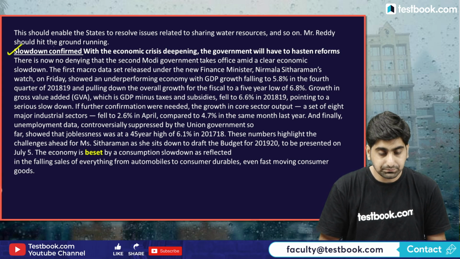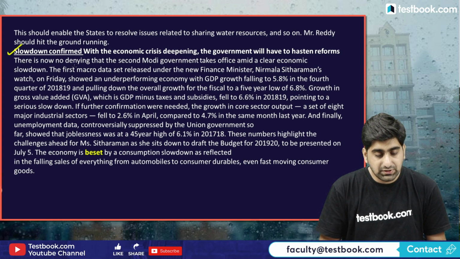इसे रीड करते हैं. There is now no denying that the second Modi government takes office amid a clear economic slowdown. The first macro data set released under the new Finance Minister Nirmala Sitharaman's watch on Friday showed an underperforming economy with GDP growth falling to 5.8% in the fourth quarter of 2018-19 and pulling down the overall growth for the fiscal to a 5-year low of 6.8%.